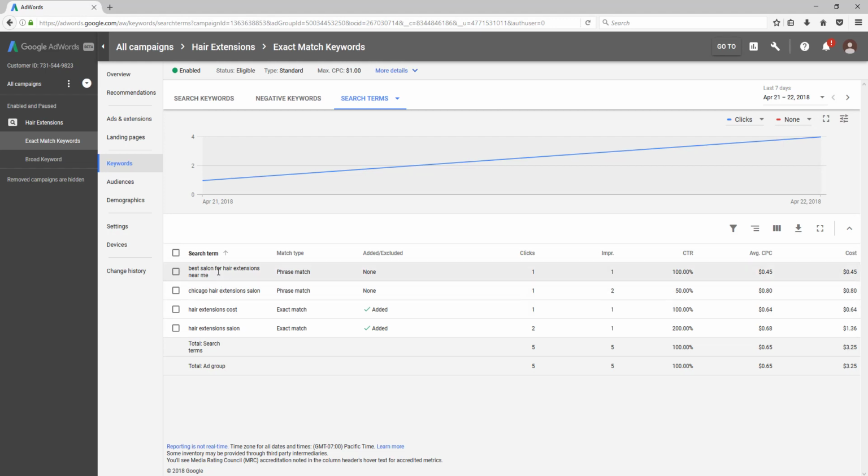I only ran this for a day, maybe a day and a half, and you can see a lot fewer clicks, but you can see these keywords are a lot better. So, best salon for hair extensions near me. I think I said that exact thing in my previous video, that is something that could come up. All these keywords, somebody looking for cost is pretty close in their buying process. Hair extension salon, somebody wants hair extensions and they are looking for a salon. So 2 clicks on that.